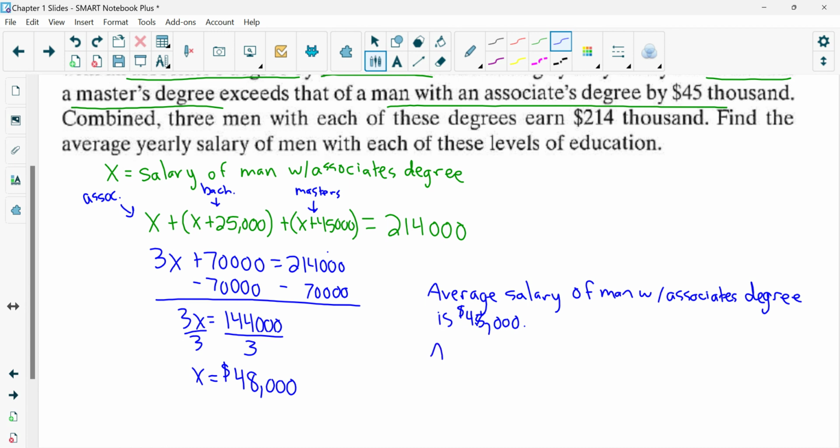So average salary of man with bachelor's degree is 48,000 plus 25,000, which is 73,000.